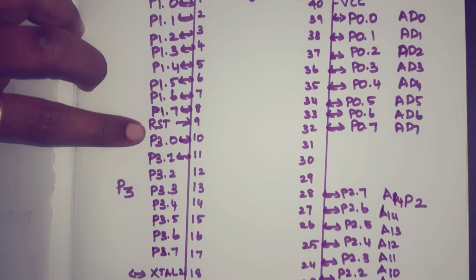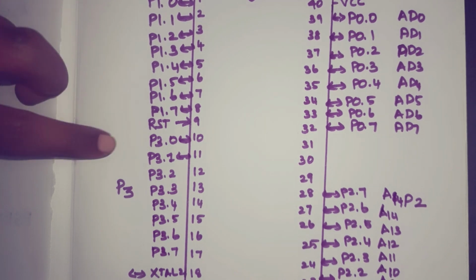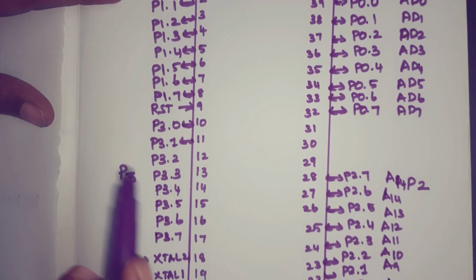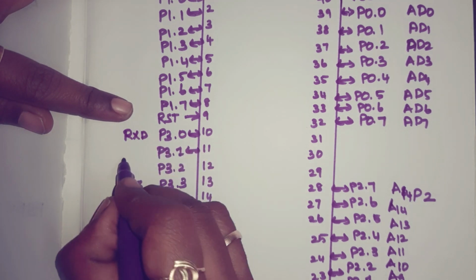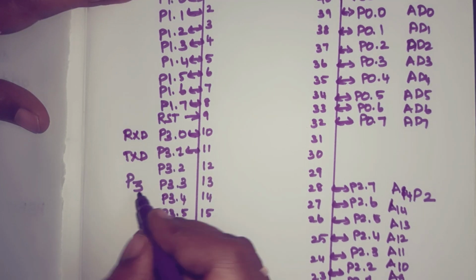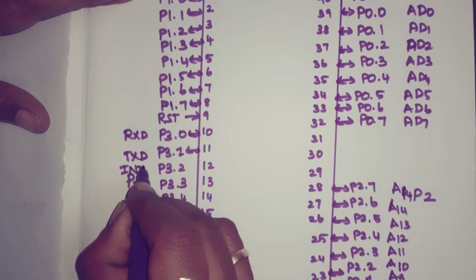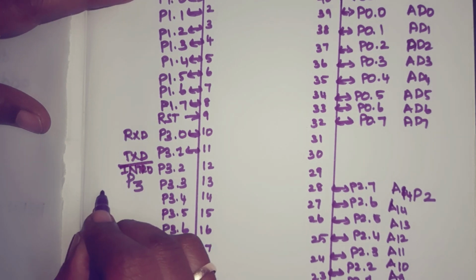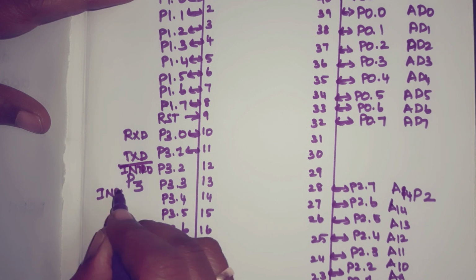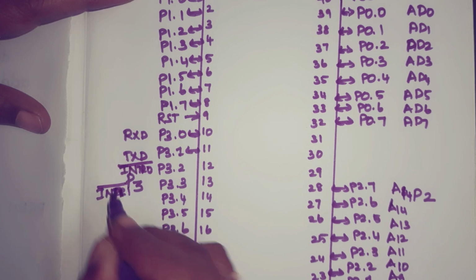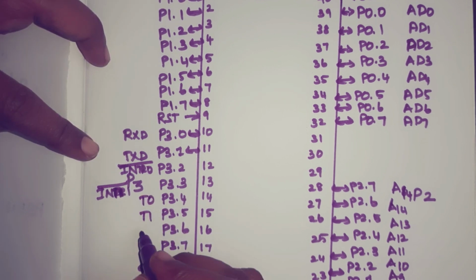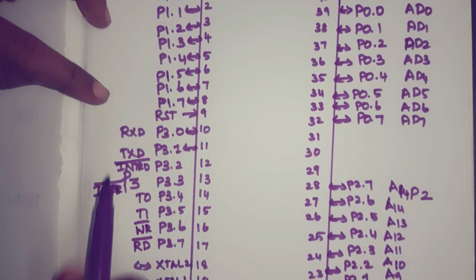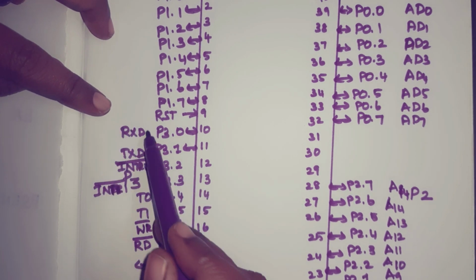P3 is an I/O port, which can act as an input line or output line, and it also has special functions. First, P3.0 acts as RXD, then TXD, then interrupt 0, then interrupt 1, T0, T1, write, and read. RXD is used for serial communication.